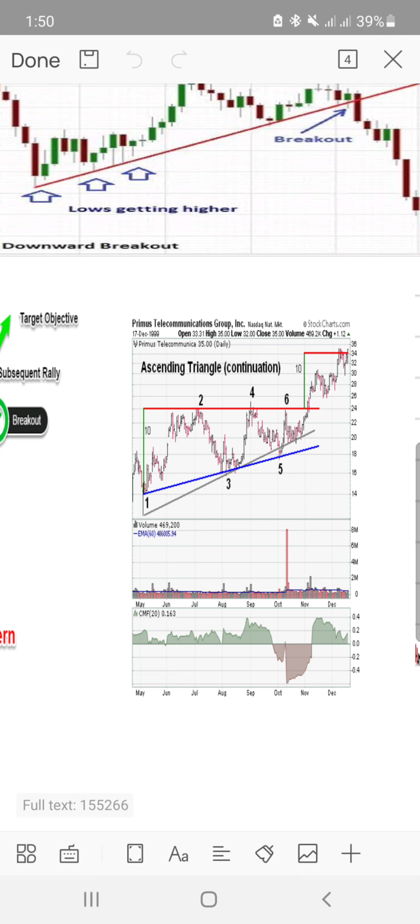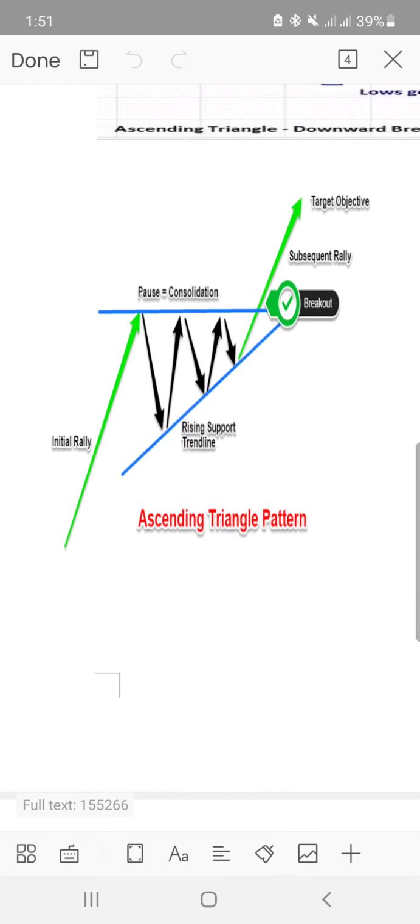Look at this: from 1 here, it went to 2, the fixed point, went to 3, rising higher lows, went to 4, the fixed point, went to 5, went to 6, and breakout. The breakouts are the point of interest, but it does not mean you cannot trade these other points, this 1, 2, 3. You can still trade them once you detect them.